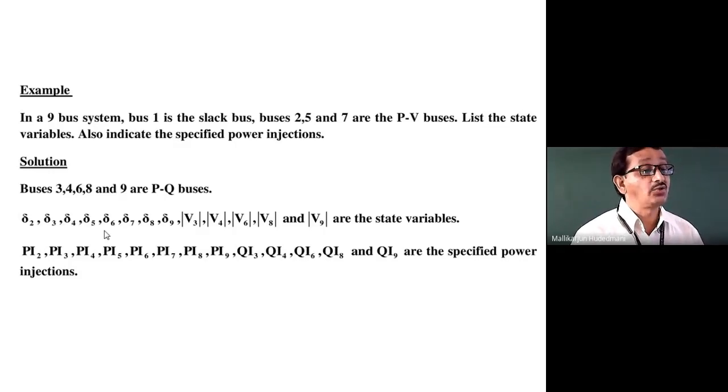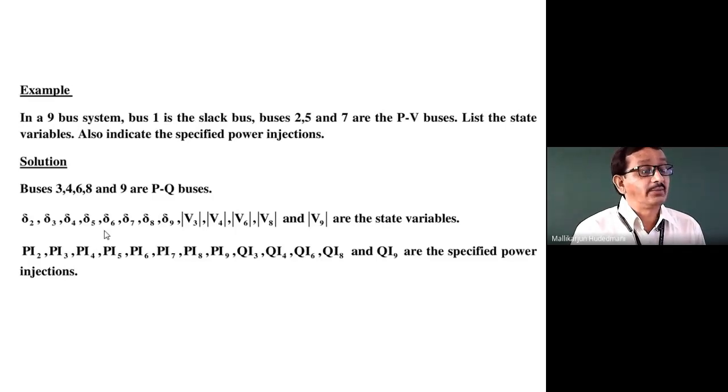How many buses are countable? 8 by count. It means you have 8 unknown deltas. Can you see? Delta 2, delta 3, 4, 5, 6, 7, 8, 9. All the angles of the voltage vector of buses other than the slack bus, you have to calculate. Delta 2 to delta 9, you have to determine.